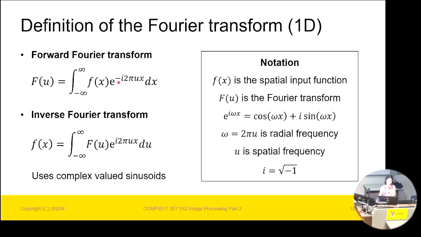So what it means is this is the input signal, and x is a variable. Then we multiply it with this term, e to the power i 2 pi ux, and dx. You do an integral because it's continuous, so we don't do just a sum, we do the integral.